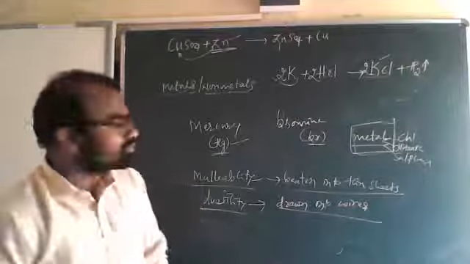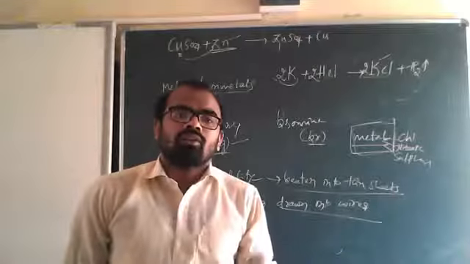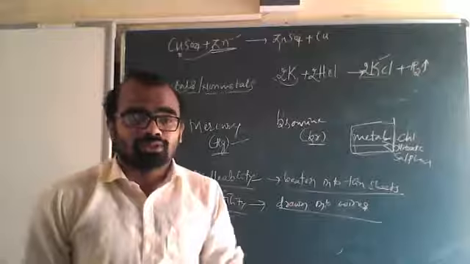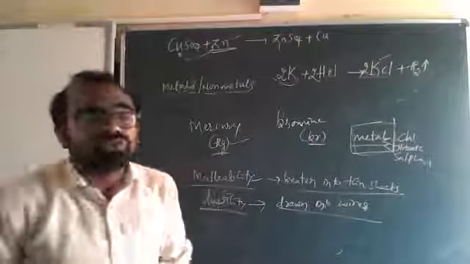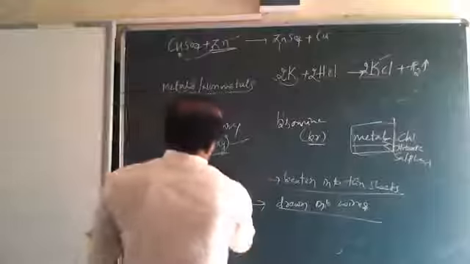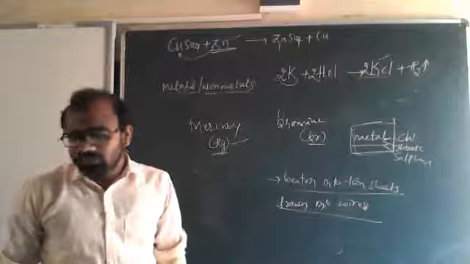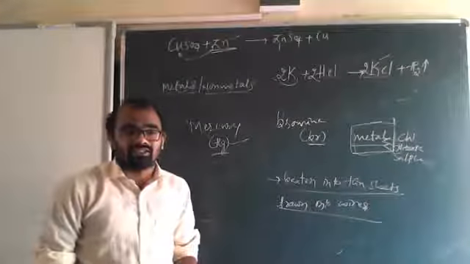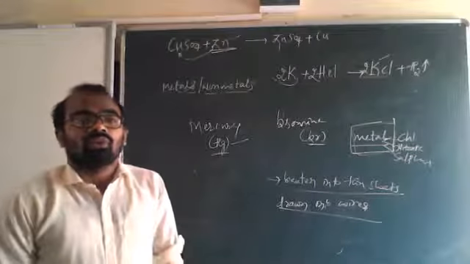After that, what we have seen today is the uses or applications of metals and non-metals. Metals are used in machinery, automobiles, aeroplanes, satellites, water boilers, industrial gadgets, cooking utensils, and electronic gadgets.